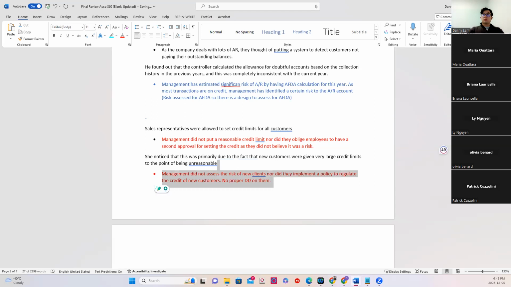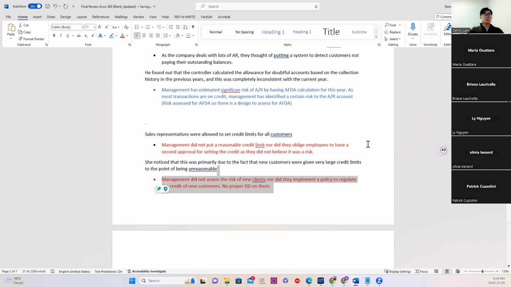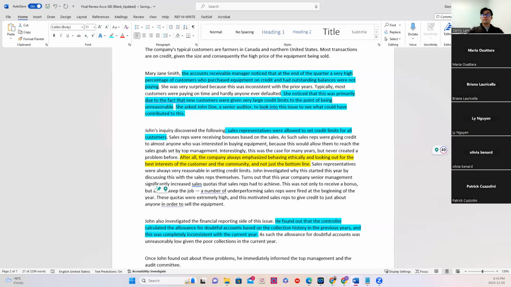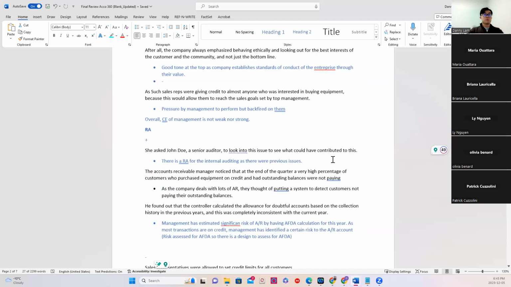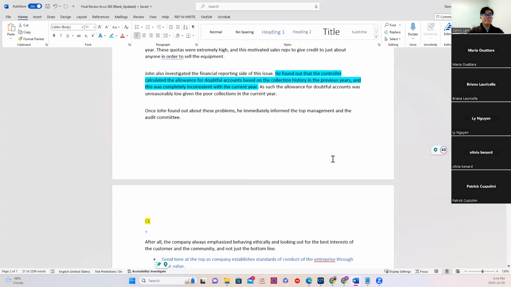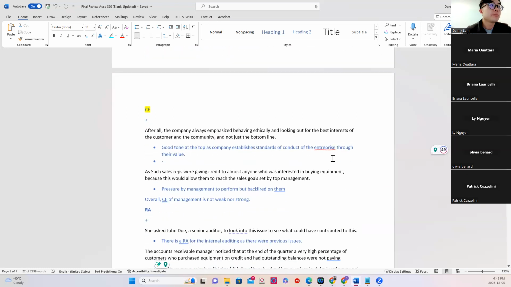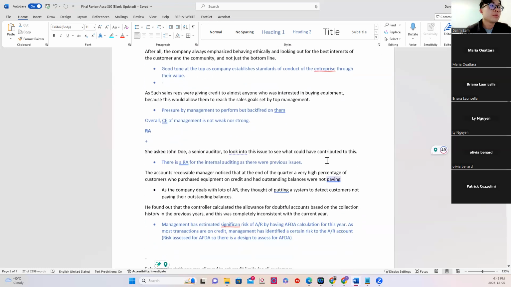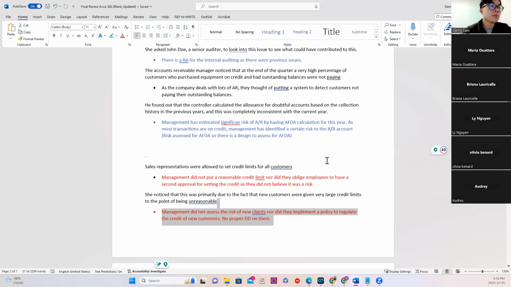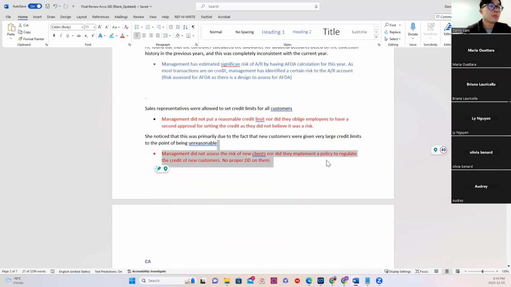Okay, is there anything else? I have a question just for the last point that we did. Could we add on that we can make sure the customers are legit customers and that it's not a fraud, like a fake customer from someone in the business, or is that too far-fetched?